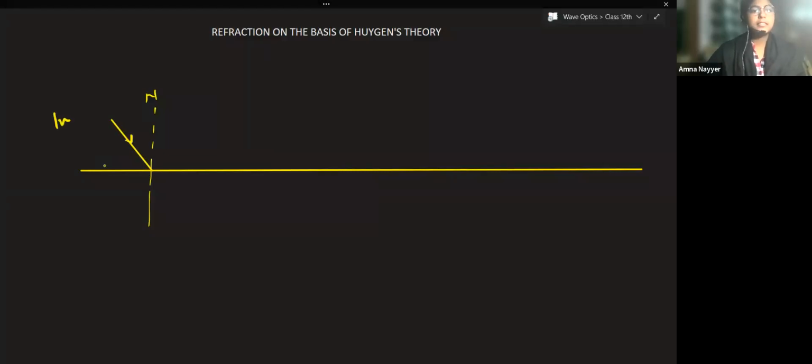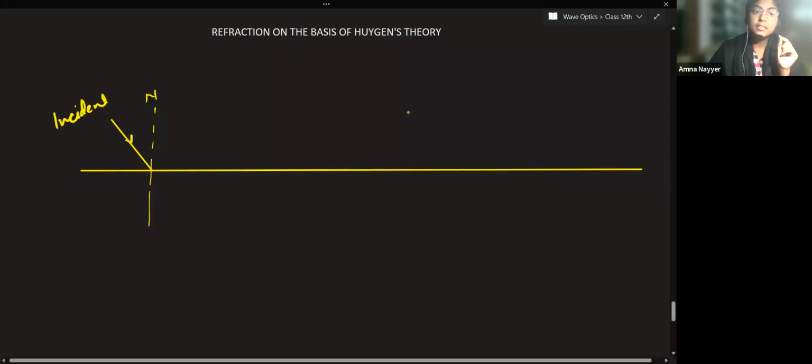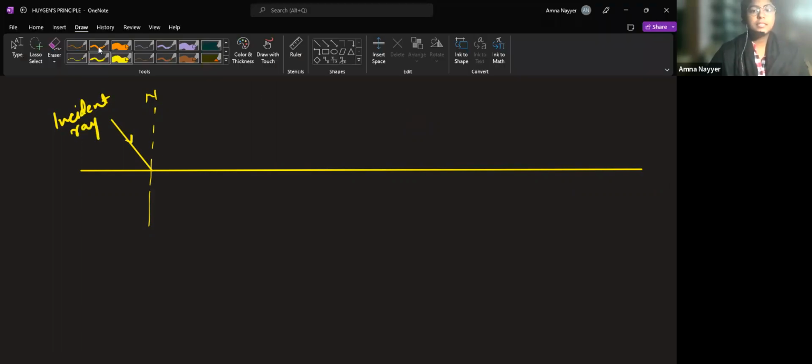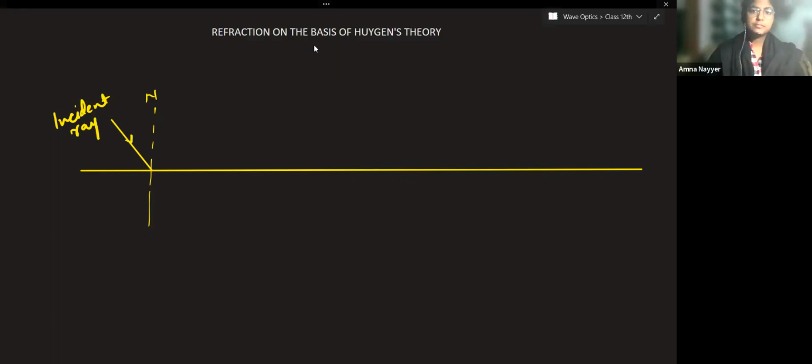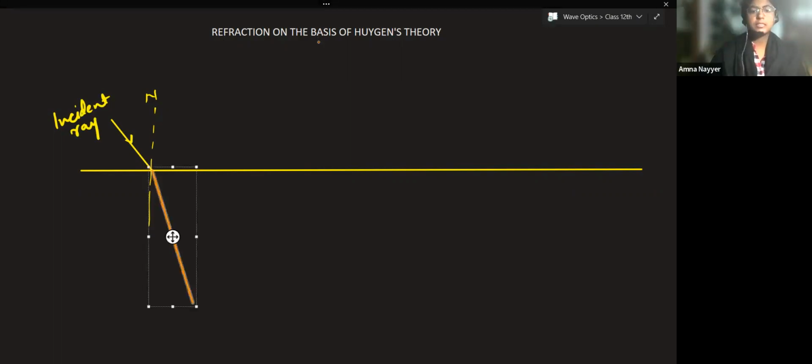This is the incident ray. See, be precise when you are mentioning the ray, when you are mentioning the wavefront. This is incident ray. Let's say here, refraction occurs. At this particular point, here refraction occurs.